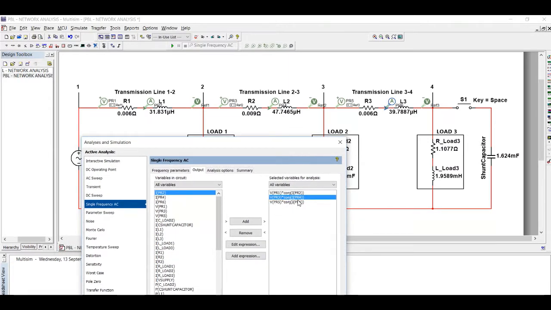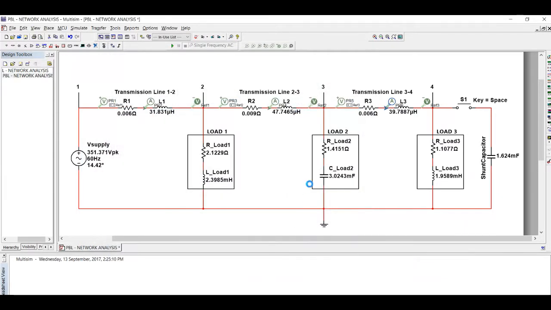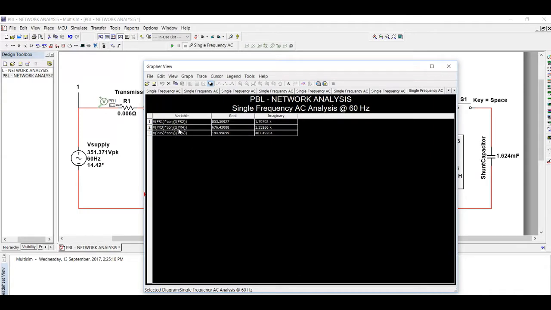This one is the expression for transmission line 2 to 3, which is VPR3 times conjugate I PR4, and this one is the expression for transmission line 3 to 4, which is VPR5 times conjugate I PR6. So we run the simulation, and these are the values.